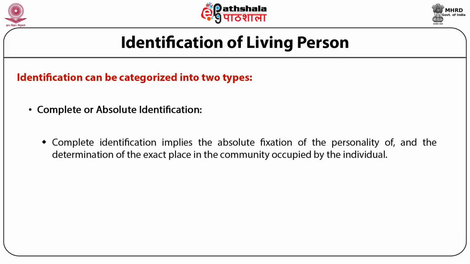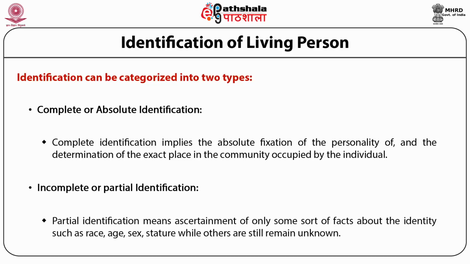Complete identification implies the absolute fixation of the personality and the determination of the exact place in the community occupied by the individual, whereas incomplete or partial identification means ascertainment of only some facts about the identity, such as race, age, sex, stature, while others still remain unknown.